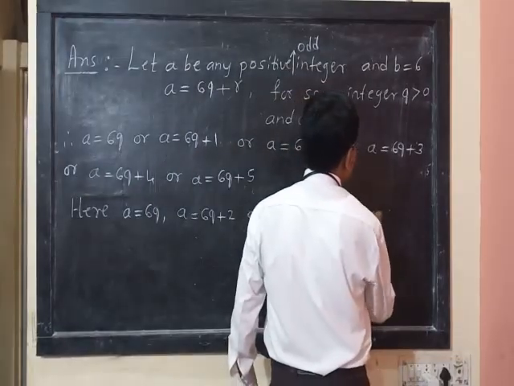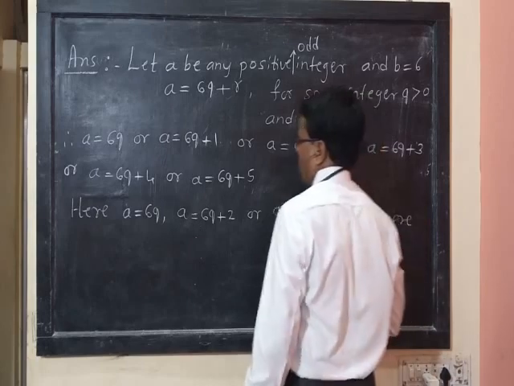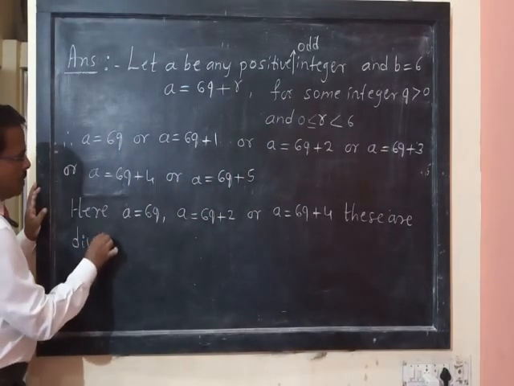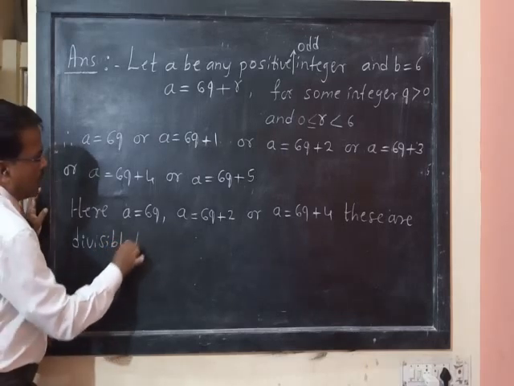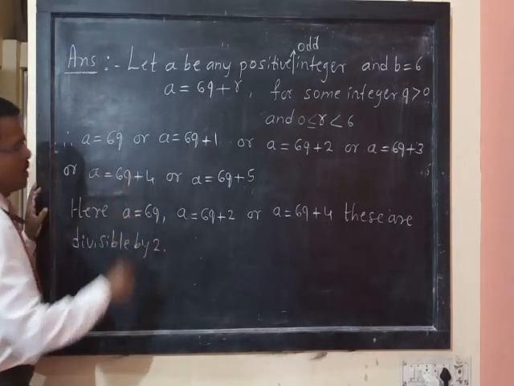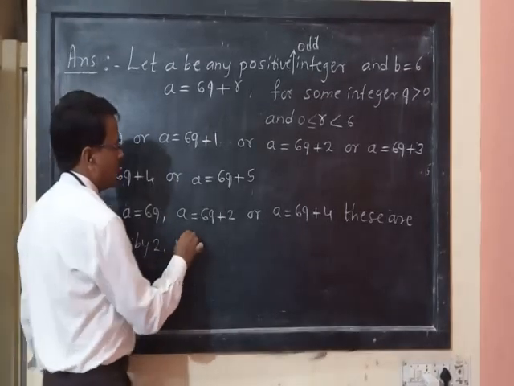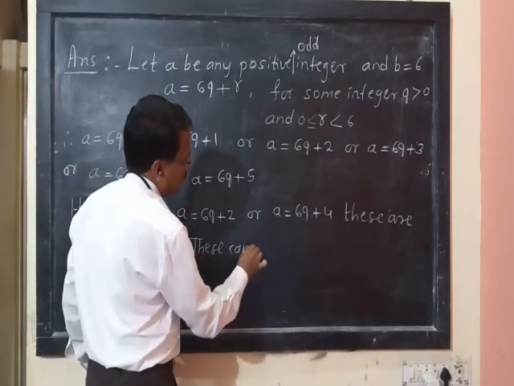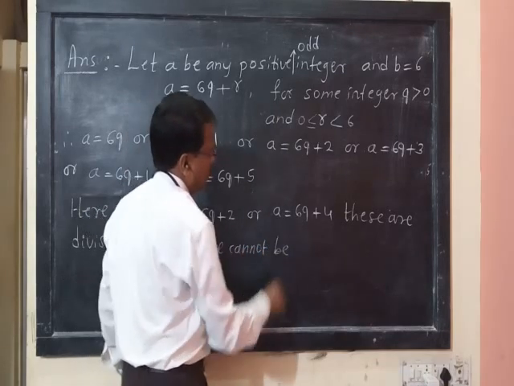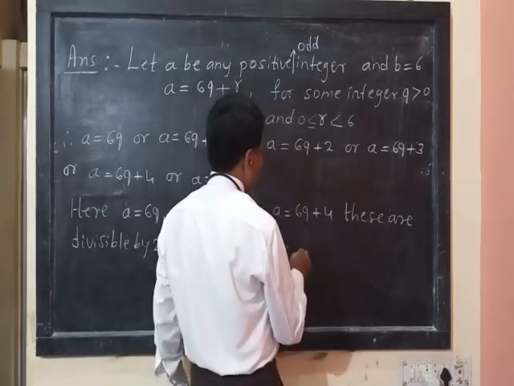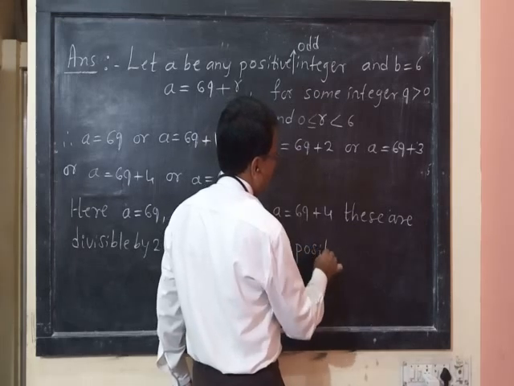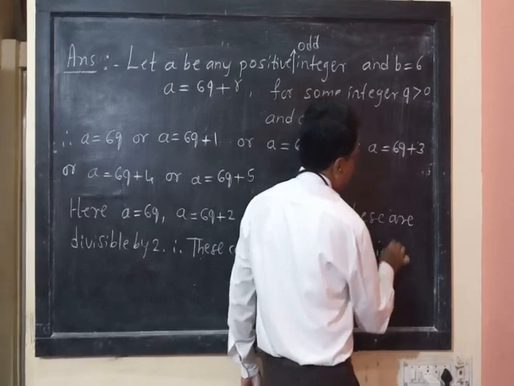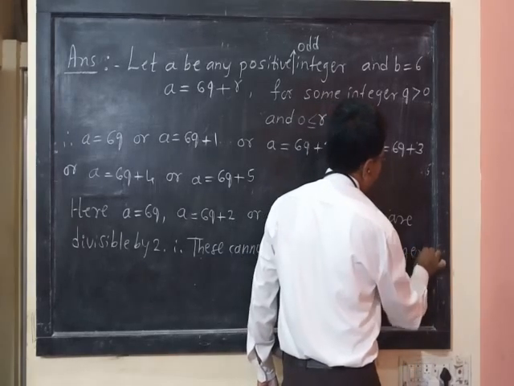These are divisible by 2. Therefore, these cannot be positive odd integers.